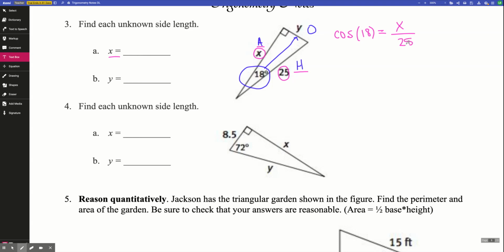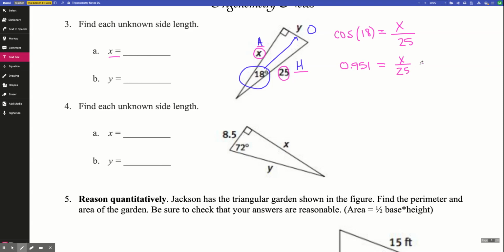Okay, once you get to this point where you've written your equation, now is the time to pull out your calculator. Okay, so I need to do cosine of 18 in my calculator. And when I do, I got that was 0.951 if you round. Okay, equals X over 25.